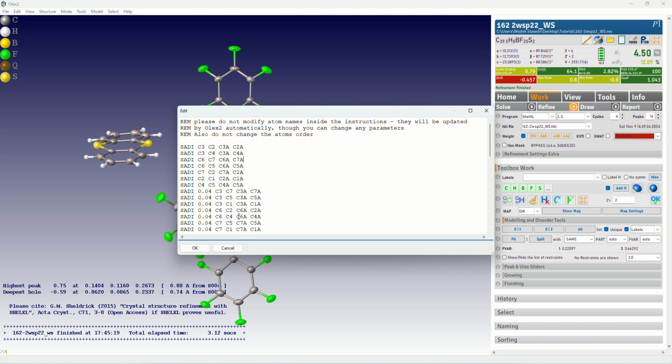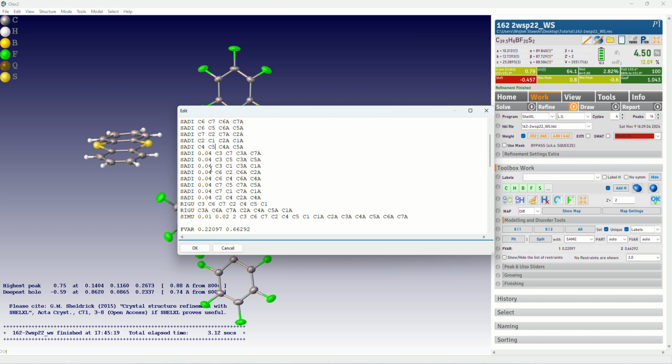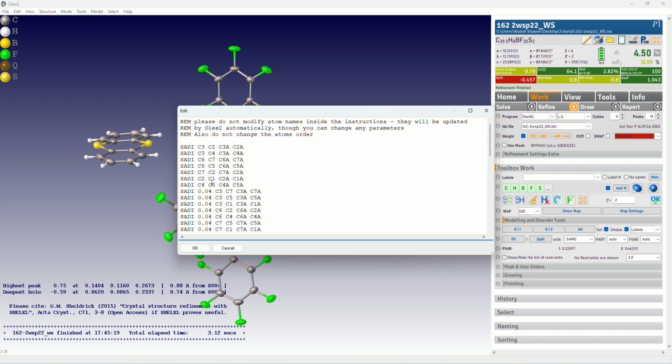But at the end of the refinement, I delete all of the Olex restraints and put in my own restraints. So always be careful and try to understand what Olex actually does, because it will do many very useful things for you, but not necessarily what you want.